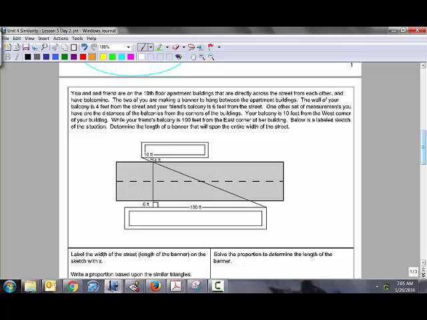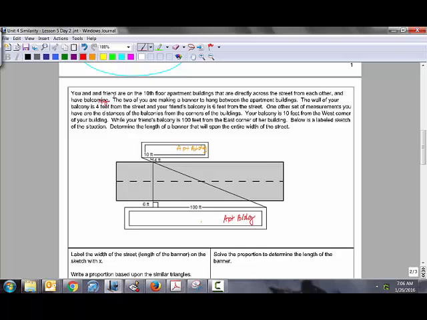Okay, a second problem. It says you and a friend are on 10th floor apartment buildings that are directly across from each other. So these are the apartment buildings. And each of us has a balcony.